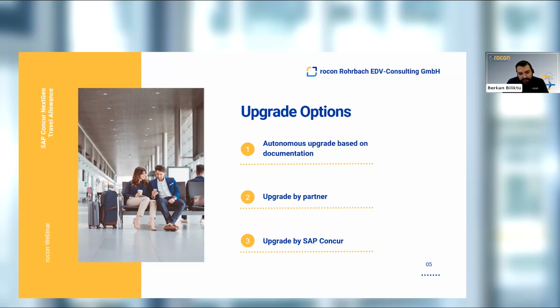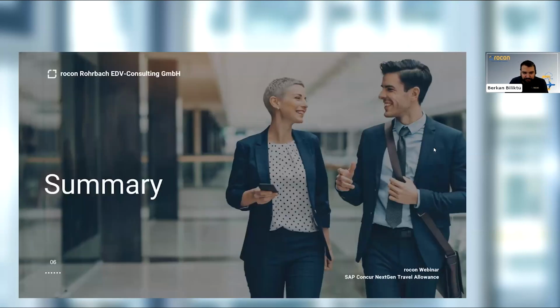You can do the upgrade via a partner or by SAP Concur. For both cases, so for partner or for SAP Concur, this is a billable service which you have to purchase to get the implementation done. And you can decide for yourself how you want to go further with this.